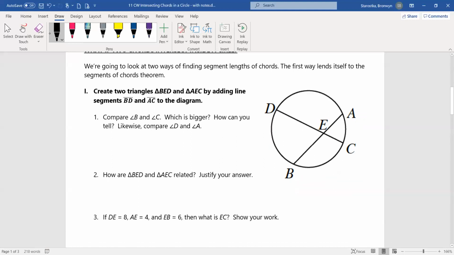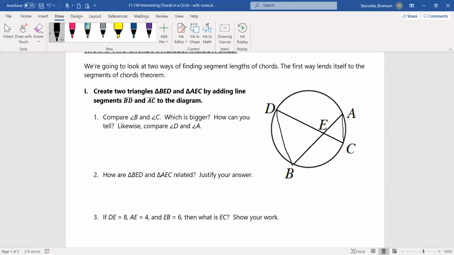All right, we want to create two triangles, triangle BED and triangle AEC. We're going to add line segments BD and AC. So here we go, we're going to just draw in line segment BD and AC.